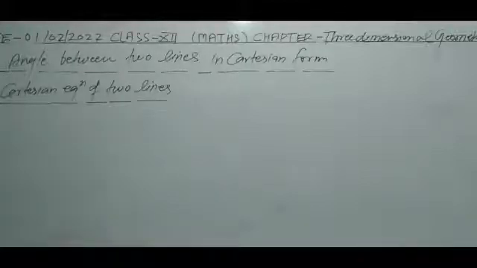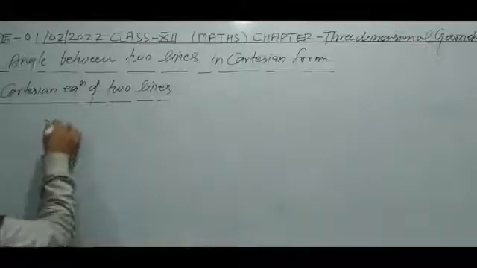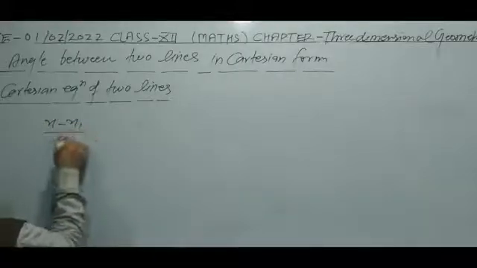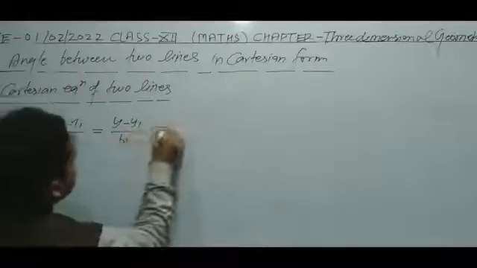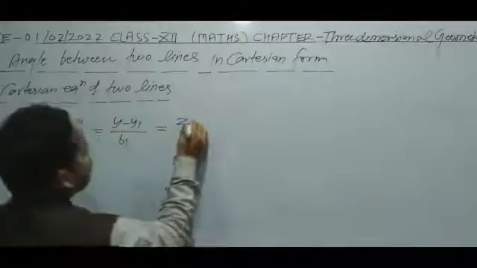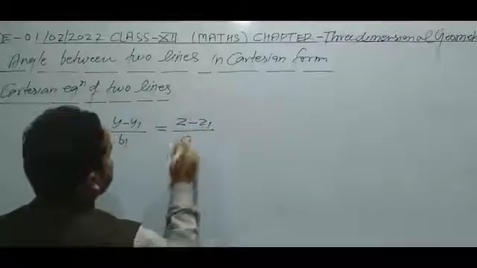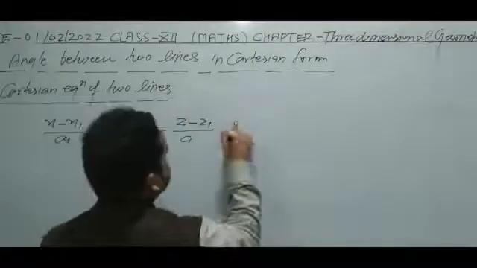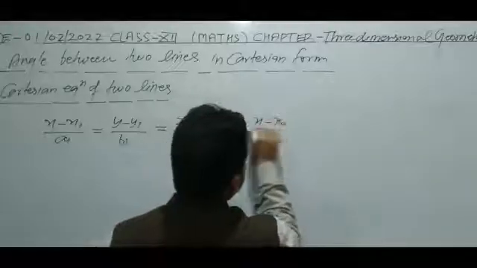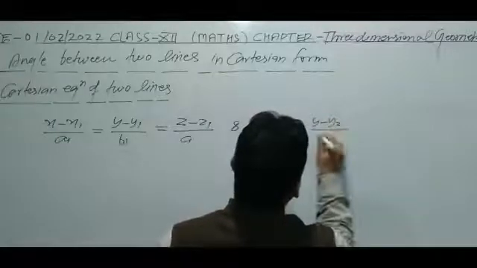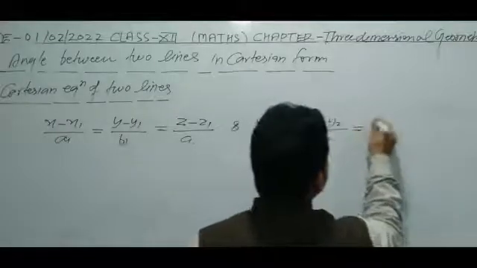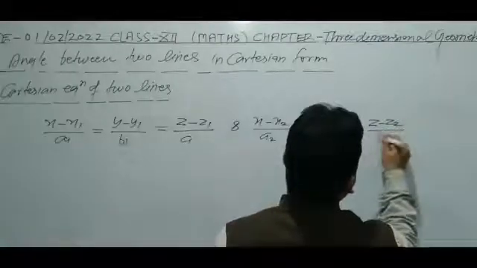Now the Cartesian equation of two lines in terms of direction ratio, what we can write? We can write x minus x1 upon a1 is equal to y minus y1 upon b1 is equal to z minus z1 upon c1, and x minus x2 upon a2, y minus y2 upon b2, z minus z2 upon c2.